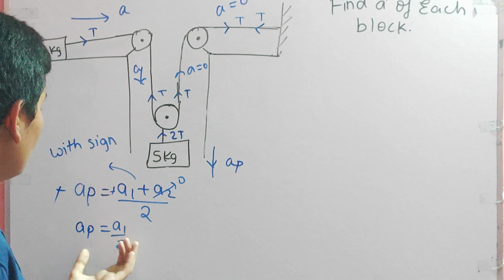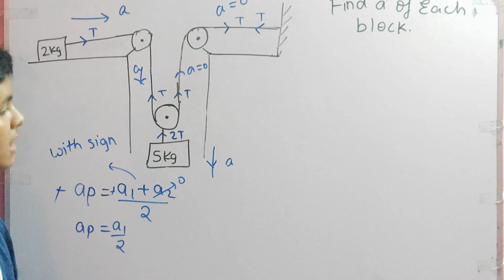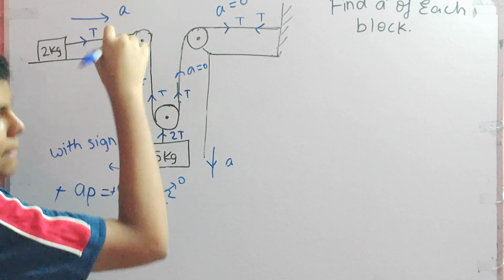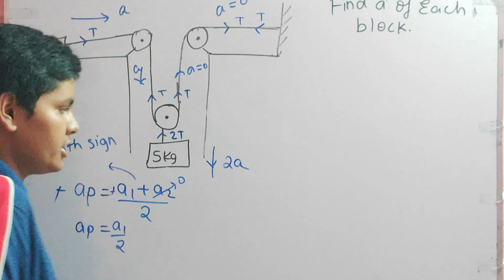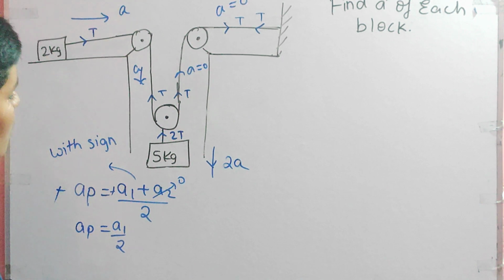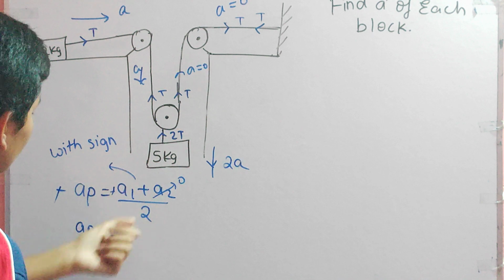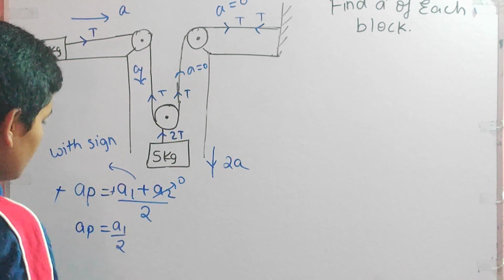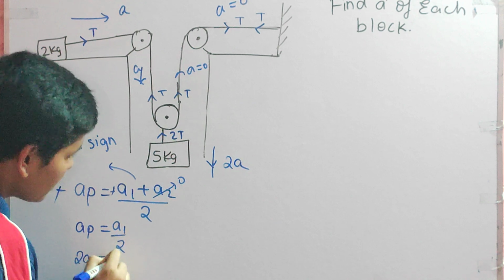Now if this is moving down with acceleration A, this will go with acceleration A by 2. So let us assume this is moving down with 2A acceleration. So this will go with an acceleration of A. So half of this acceleration is equal to AP. If this is AP, so 2 into AP is equal to A1.